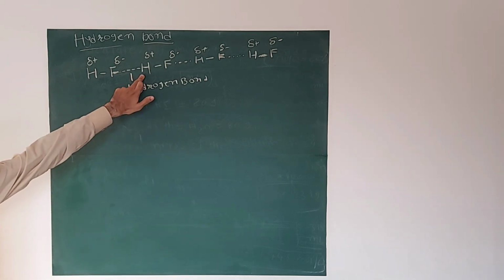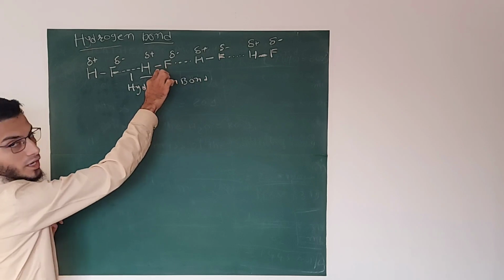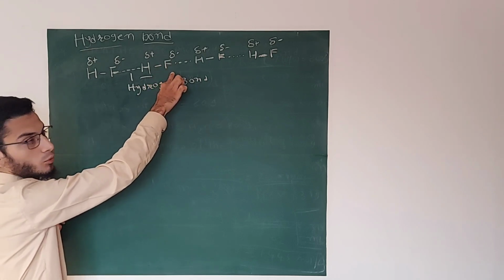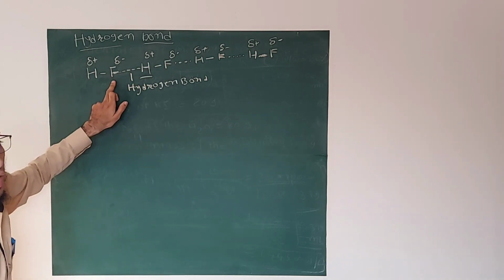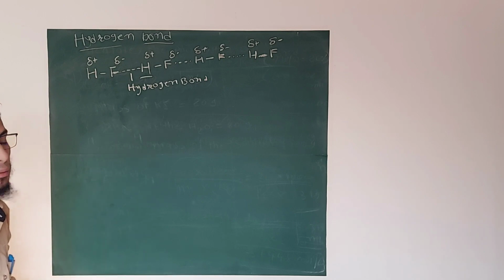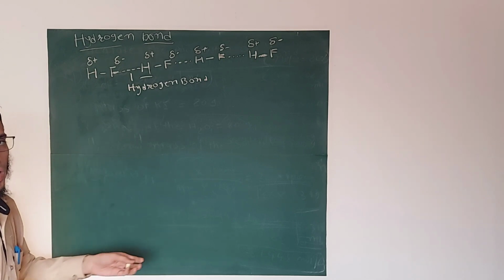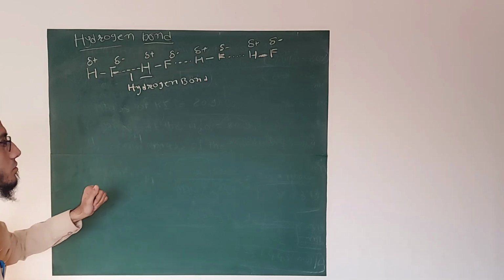So you can see that here the hydrogen has a covalent bond with the electronegative atom of one molecule, and the hydrogen makes a hydrogen bond with the electronegative atom of another molecule. So it acts as a bridge to connect the two electronegative atoms in the system.